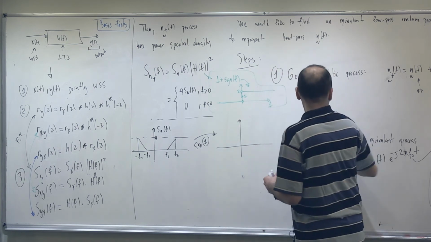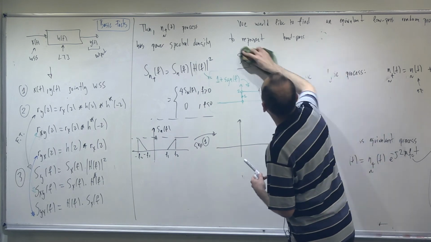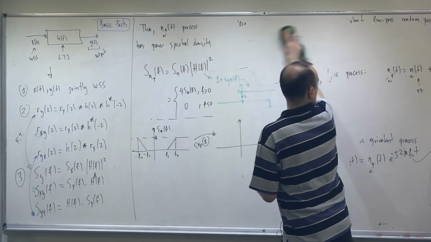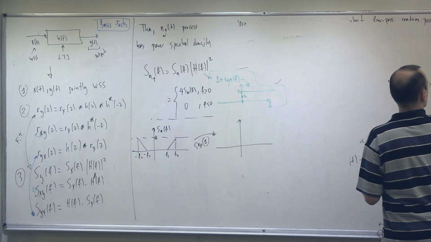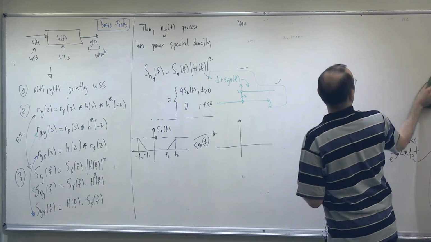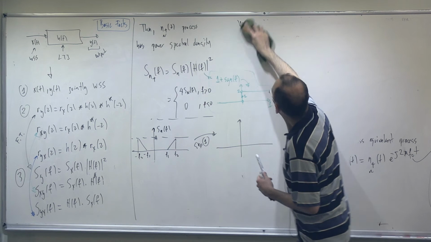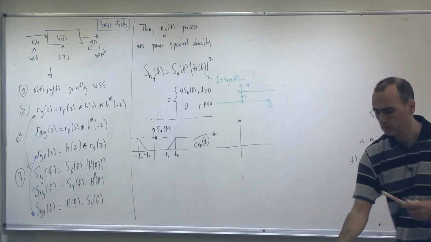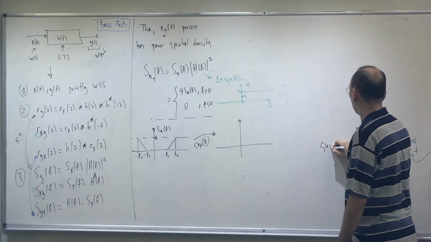Another random process. Let's erase this part. But maybe I can keep this because it's step 2.